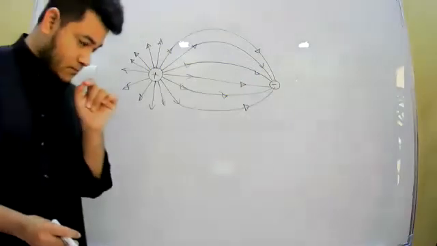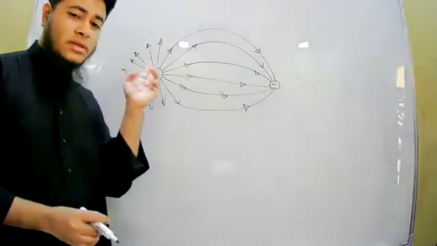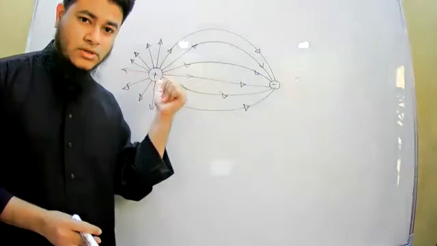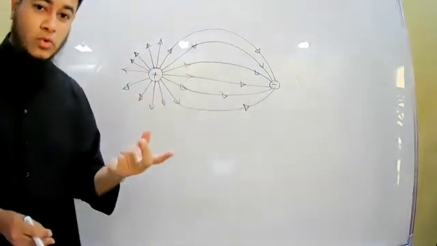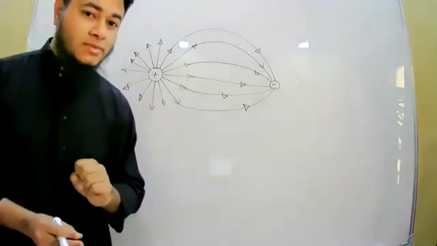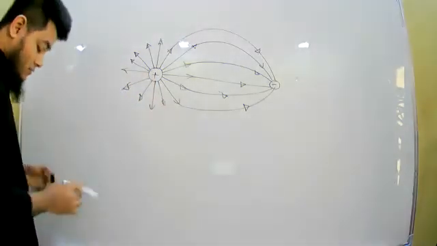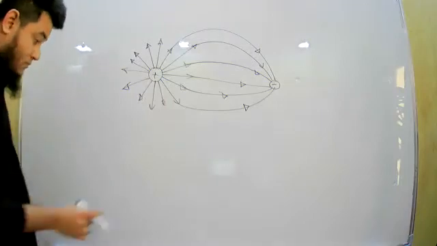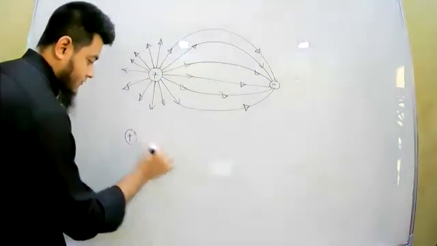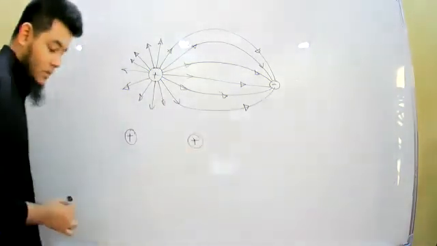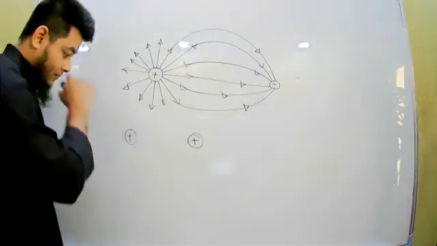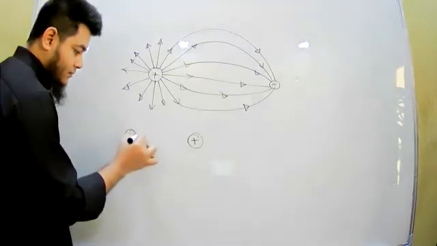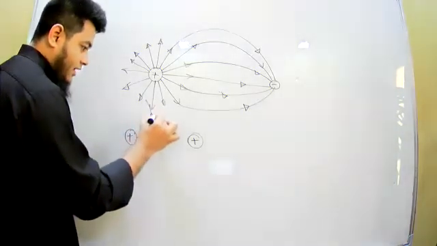And this is the case when there are opposite charges. One is positive, one is negative. But how will the electric lines of force look when both of them are of the same nature? Let us say both of them are positive. The figure is given in your book. I will try to show how it looks. They will be like this.